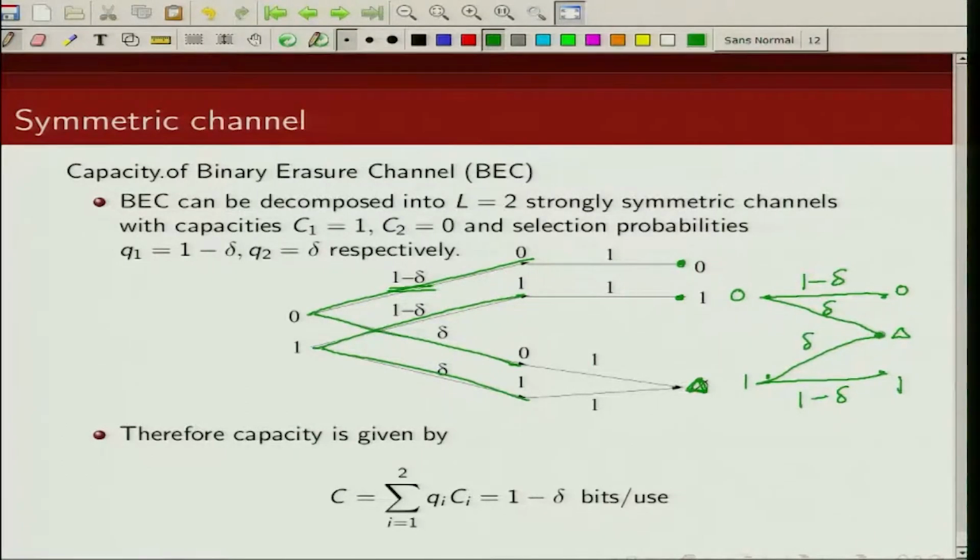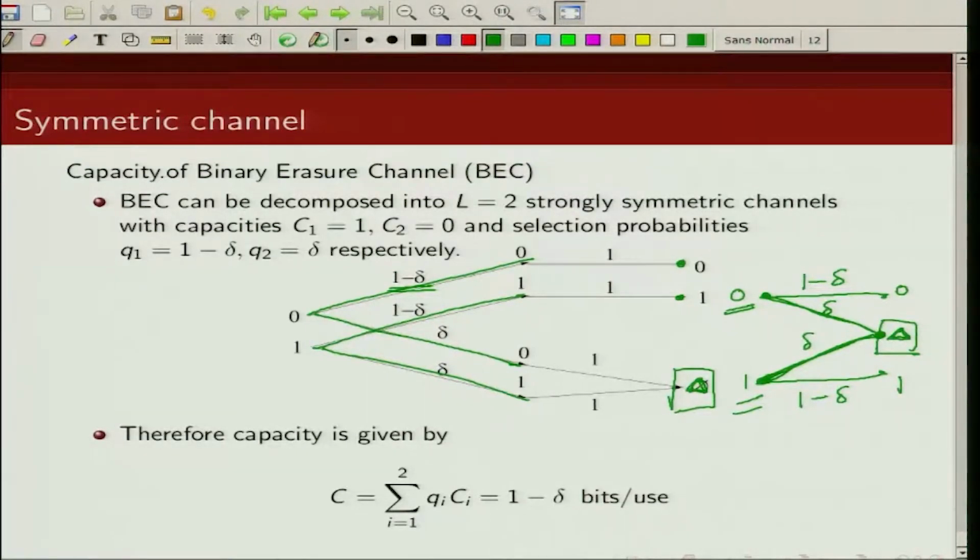Now, look at how you are selecting the channel which consists of the output symbol delta. From input 1, this probability is delta. From input 0, this probability is again delta. So, this particular channel is selected with the same probability.